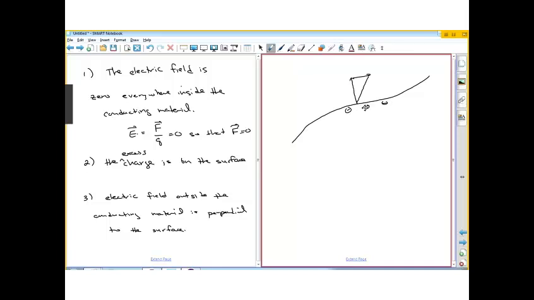So these electrons are going to adjust their position horizontally on the surface so that the parallel component of the electric field disappears, and all that's left is the perpendicular one. And then there's no force acting on these charges on the surface.